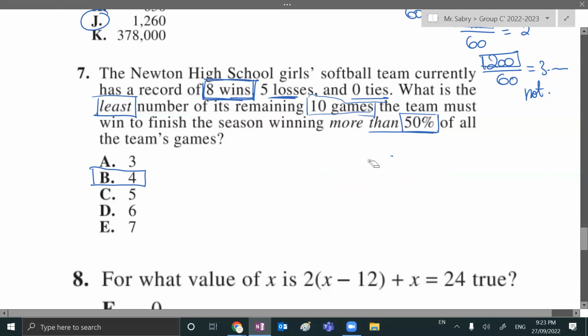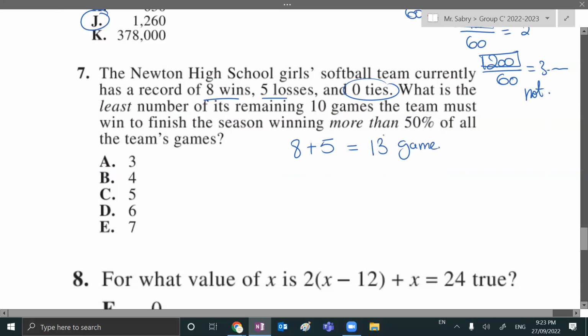You have to understand الأول الكيس إيه أوكي؟ أنا دلوقتي already لعبت ماتشز معينة so I played a total of 8 wins و 5 losses و 0 ties يعني كام game overall a total of 13 game صح؟ 13. Okay. Now apparently what he's asking what is the least number of its remaining 10 games? So apparently I'll still play another 10, correct?